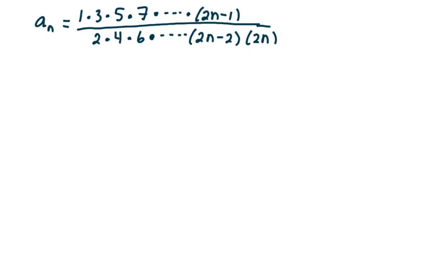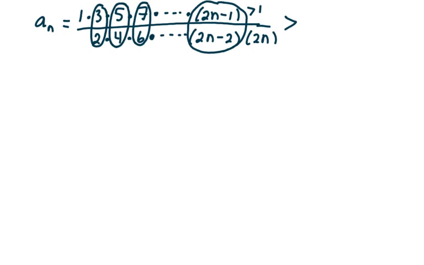I'm grouping this very deliberately because 3 halves is strictly bigger than 1, 5 fourths is bigger than 1, 7 sixths is bigger than 1, and 2n minus 1 over 2n minus 2 is bigger than 1. So I claim this is greater than 1 over 2n for n greater than or equal to 1.